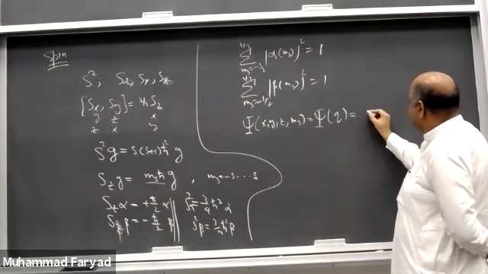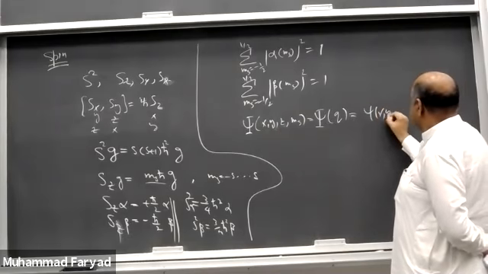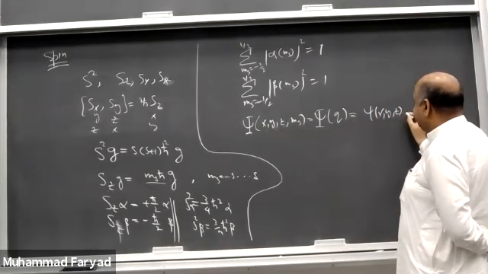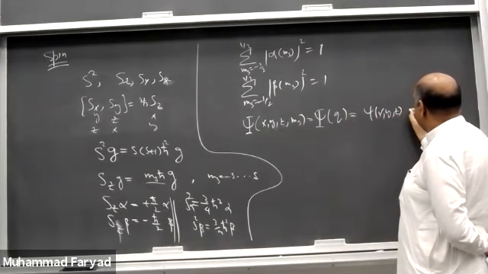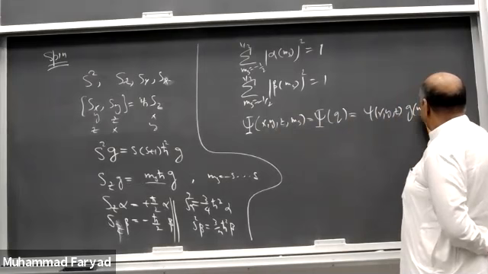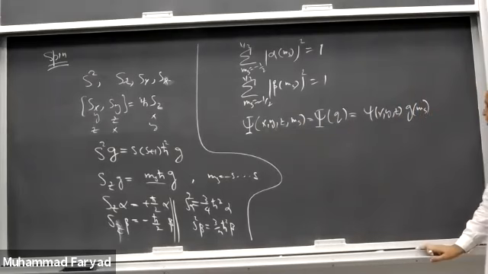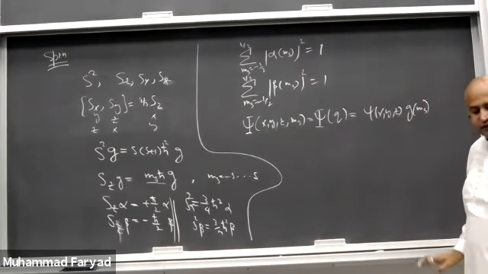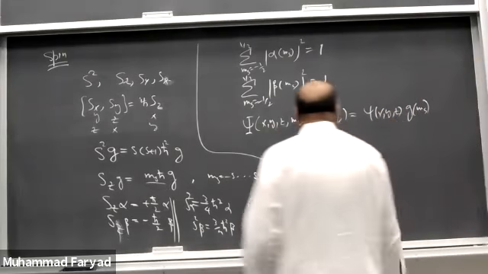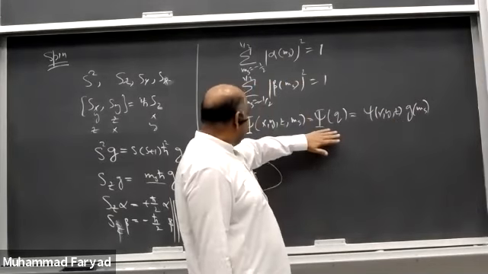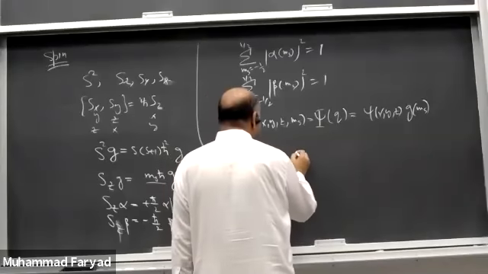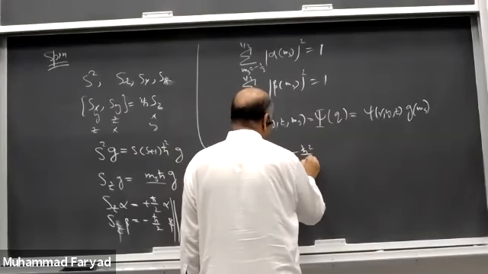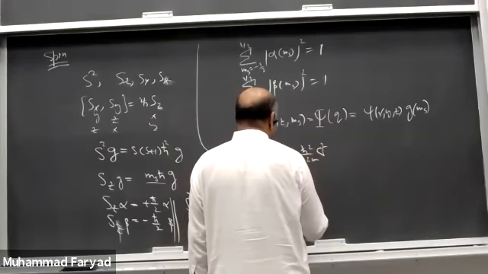As you know, the basis function, we can say that this is a function of the product of the spatial and the spin part. And the reason is this: if you recall from our first lecture, our Schrodinger equation was like this.